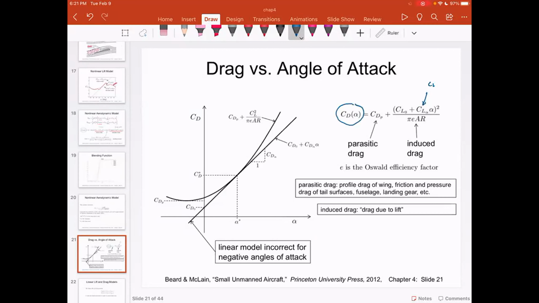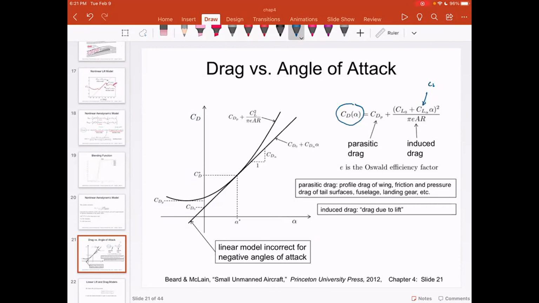Now, please understand, we are trying to have a two-dimensional approximation for a three-dimensional phenomenon. So the Oswald efficiency factor is kind of a correction factor that allows us to extend the result or analysis from a three-dimensional analysis to a two-dimensional analysis. So E, or the Oswald efficiency factor, is nothing but the correction factor that is used in the drag equation.